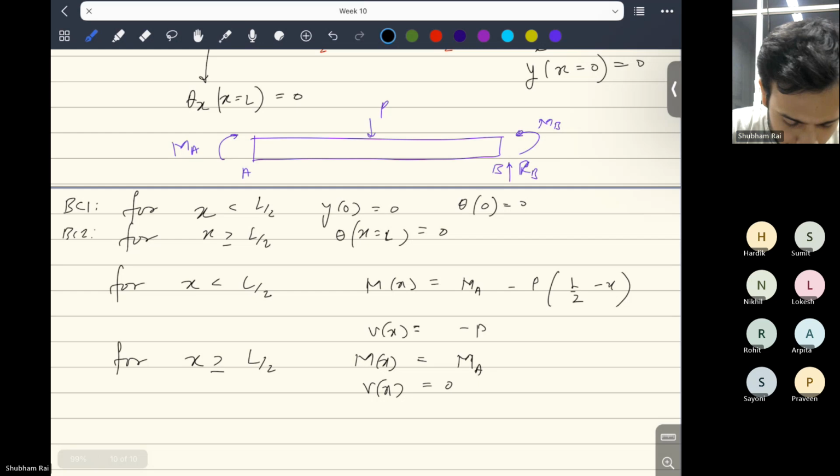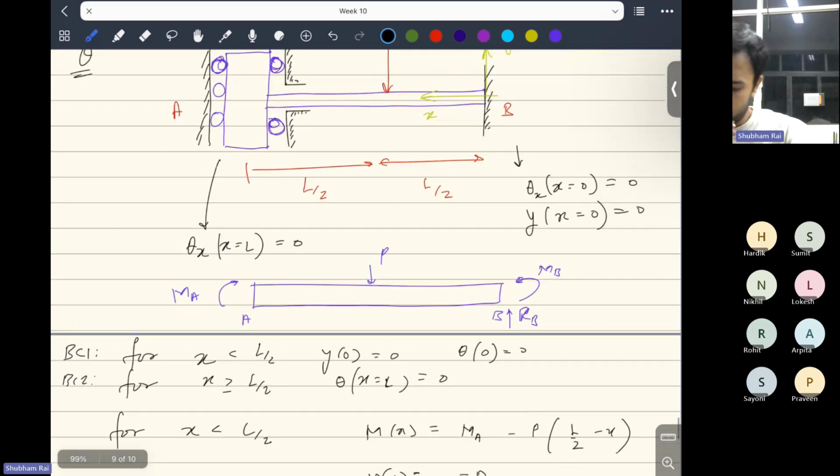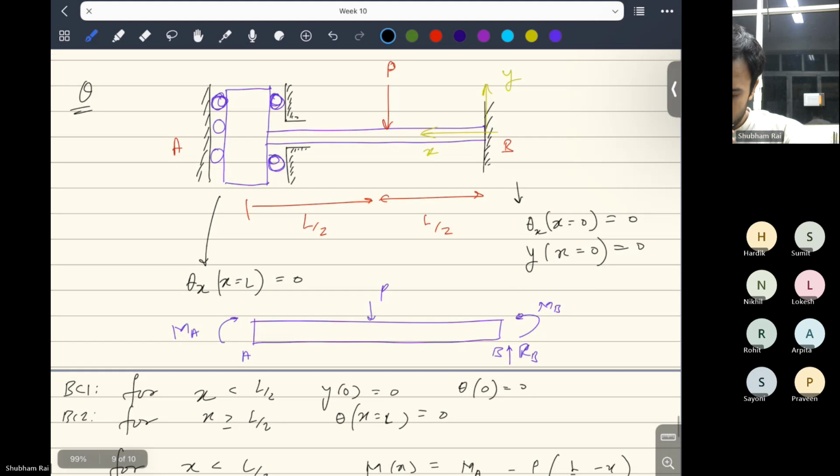In this case, if you balance, there will be reaction.